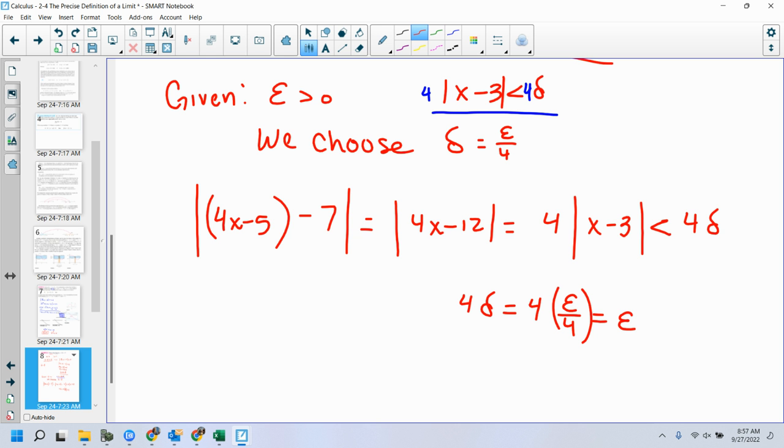So therefore, this statement combined with this statement is saying that this, which led us all the way to this beginning statement, the absolute value of 4x minus 5 minus 7, which we saw was less than 4 delta, is now less than epsilon, because 4 delta is epsilon.